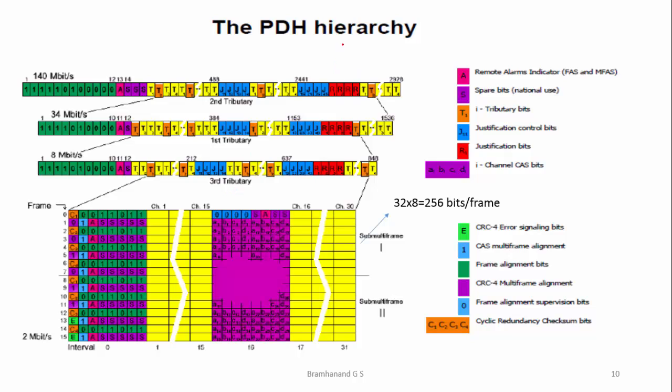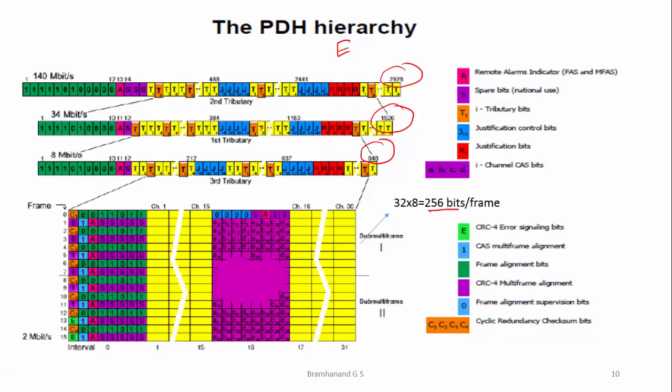Okay, so let's take a quick look at the E carrier hierarchy. E1 has 32 time slots, as we discussed, which is equivalent to 256 bits. Similarly, E2 will have 848, E3 will have 1536, and E4 will have 2928.